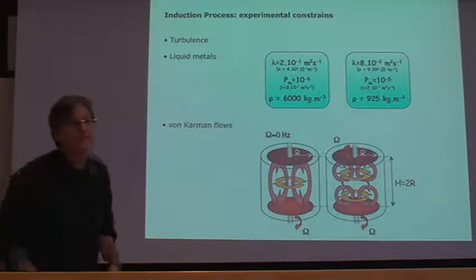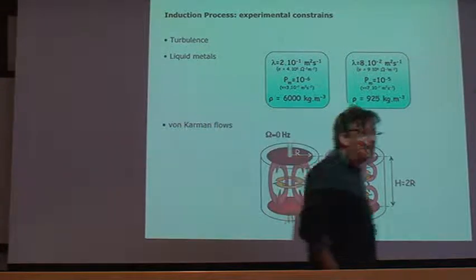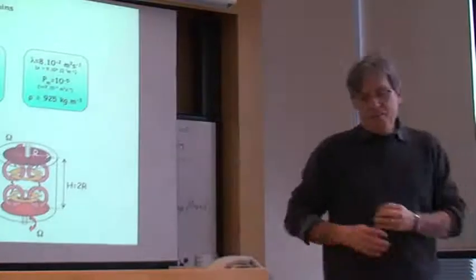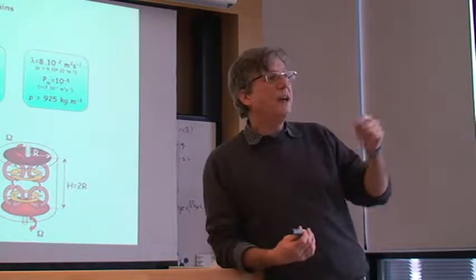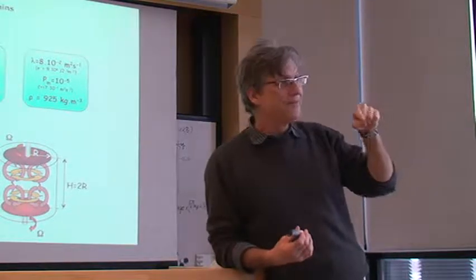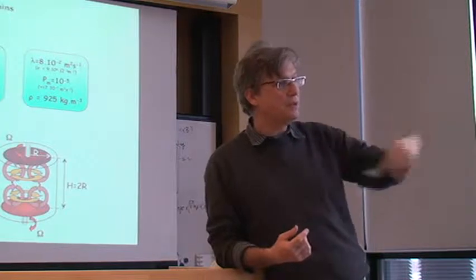So what limits the number of probes that you put in? The flow is a mess anyway, so the fact that the probes alter the flow is not exactly a problem, is it? Well, first, you have to put them in, because some components of B, the toroidal one, don't go out, right?